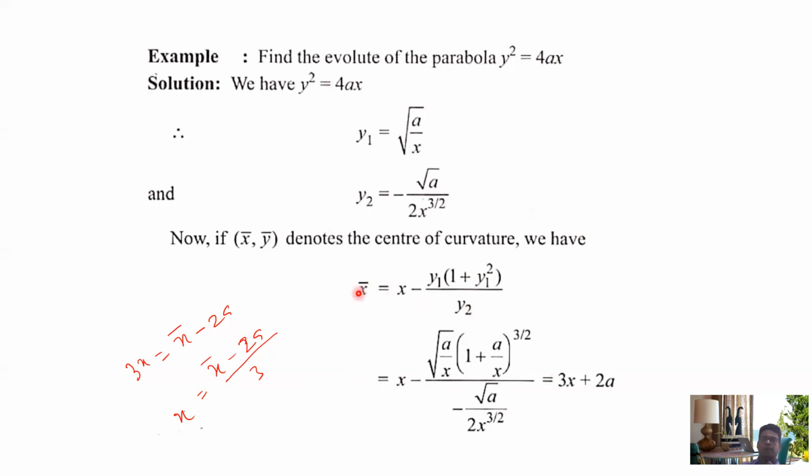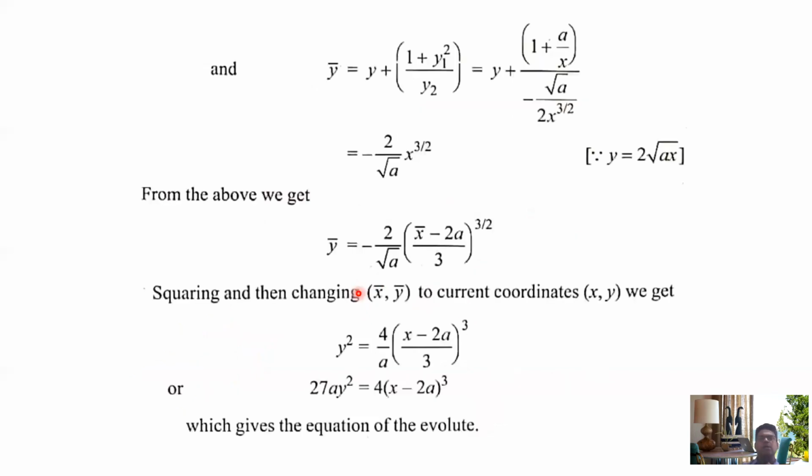Now find y bar. Similarly, y bar is equal to y plus 1 plus y1 whole square by y2. So from here you calculate your y bar. Your result may be in terms of x, maybe in terms of y. Now you have x bar equal to some expression, y bar equal to some expression. Now our target is to eliminate x and y from these two.